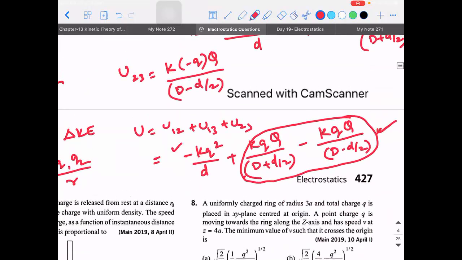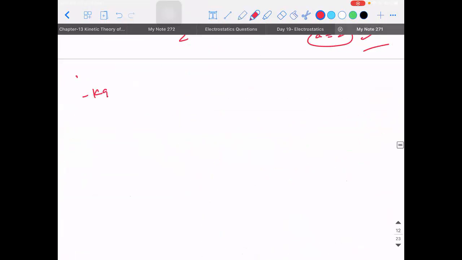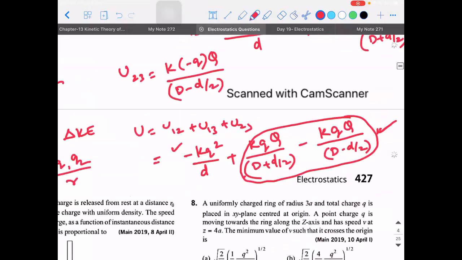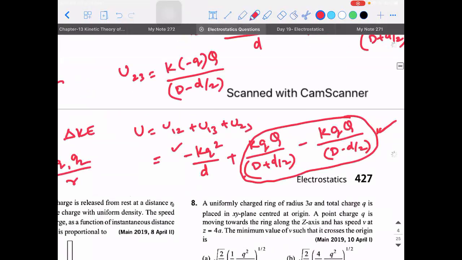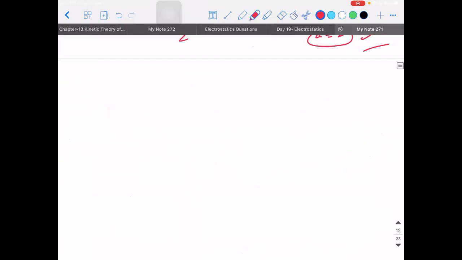I hope you have made a note of these things. So minus kq square divided by d plus kq into capital Q divided by d plus D by 2 plus k into minus q into capital Q divided by d minus D by 2.